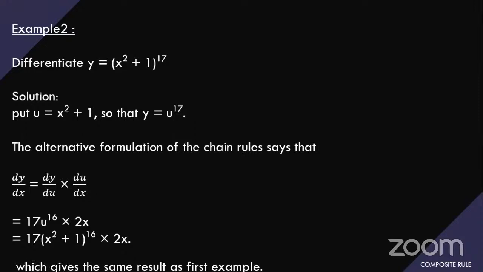Now, let's look at this formula again. This is our outside function. If we bring our power rule here, we bring this 17 down, multiply by the function, then reduce the power by 1, which gives us 17u raised to the power of 16, multiplied by the derivative of our inside function.